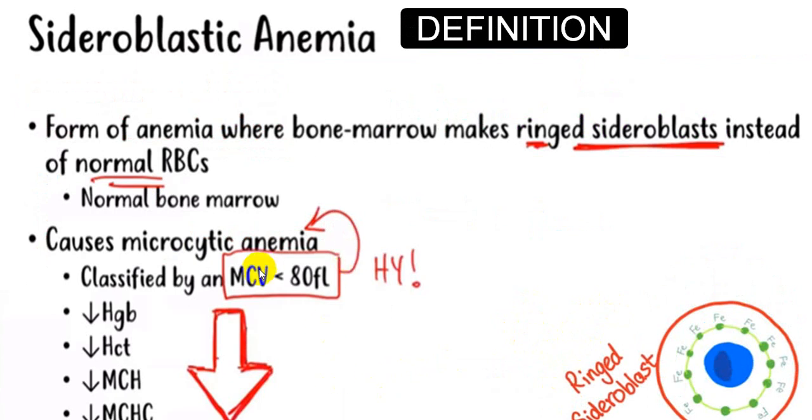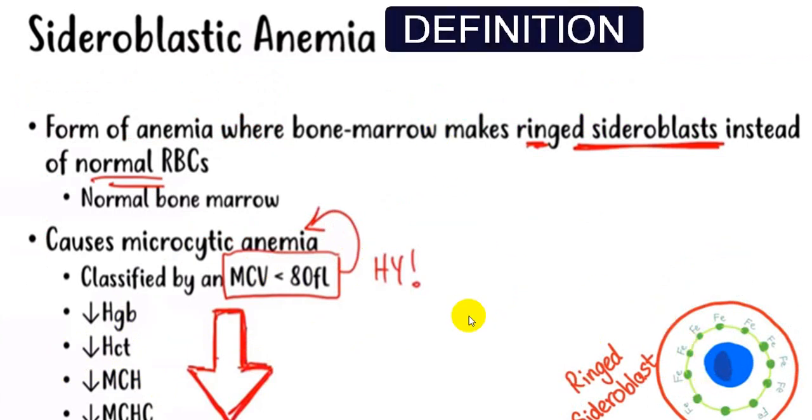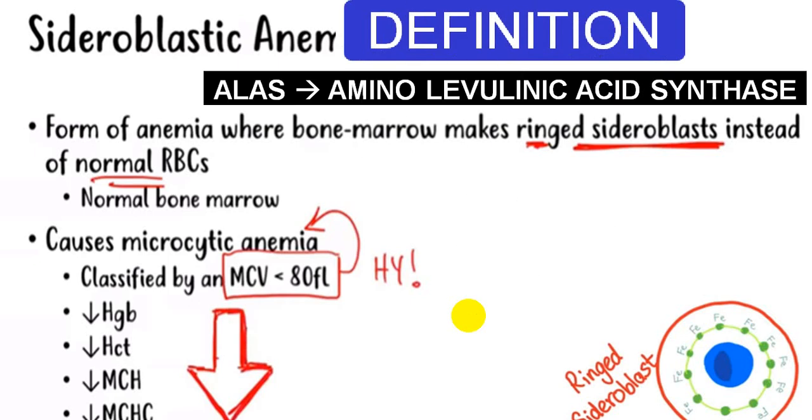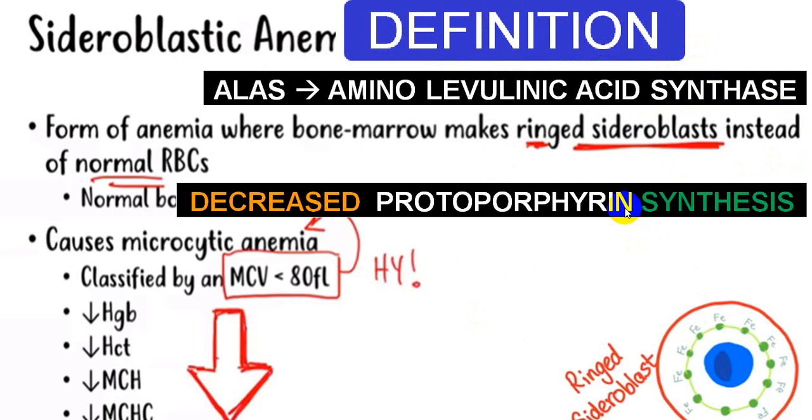In this particular variety you will have decreased hemoglobin, decreased hematocrit, decreased MCH, and there will be formation of ring sideroblasts which will be seen in the marrow. So aminolevulinic acid synthase is defective, and because of that there is decreased protoporphyrin synthesis.